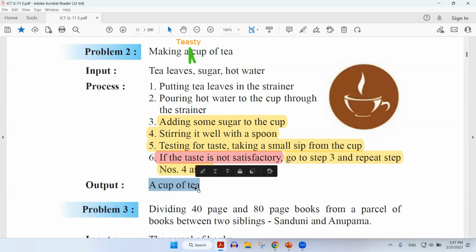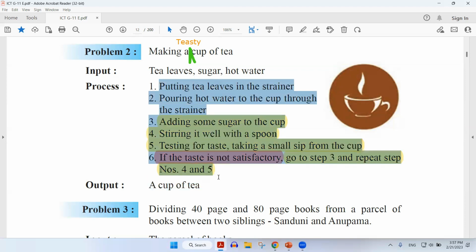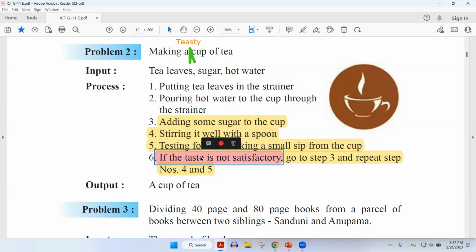That means in this scenario, due to a condition, there are some steps which need to be done again and again, which we call a repetition or an iteration of programming. Okay, people, are we clear about this?